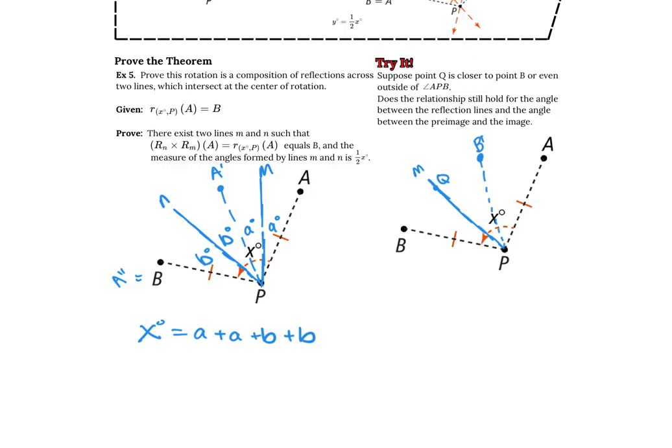And then I need a second line of reflection which will reflect and give me B prime.